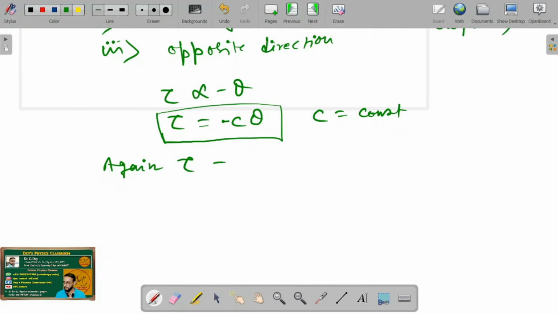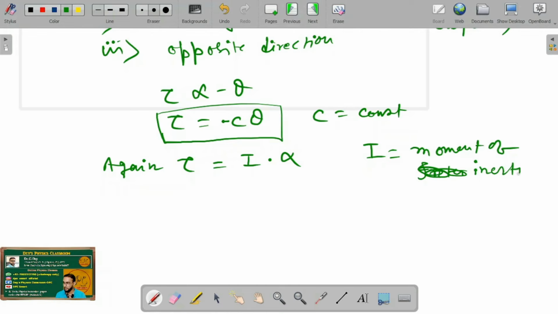The restoring force tau is also equal to the moment of inertia of the system I into angular acceleration alpha, so tau equals I into alpha, where I is the moment of inertia and alpha is angular acceleration, that is d2 theta by dt2.